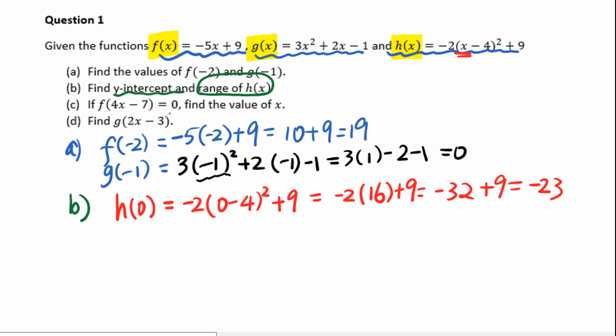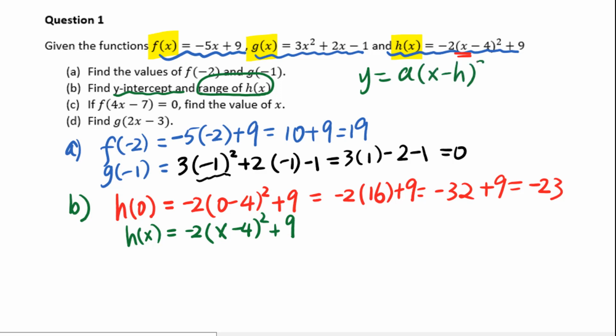For the range, you have two ways to do that. First of all, for h of x equals negative 2 times (x minus 4) squared plus 9. We know for y equals a times (x minus h) squared plus k, the vertex is (h, k), which means it's opposite of negative 4 and 9.